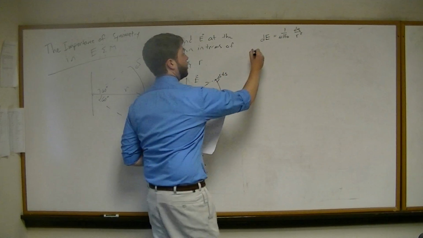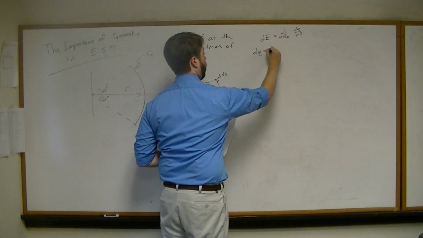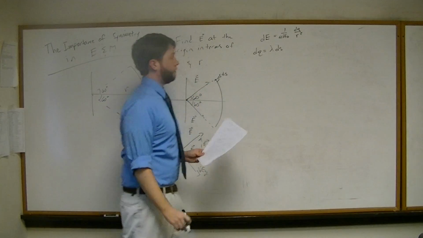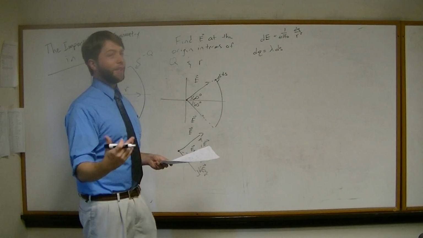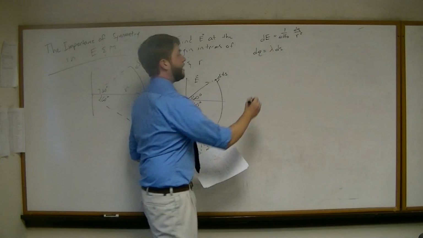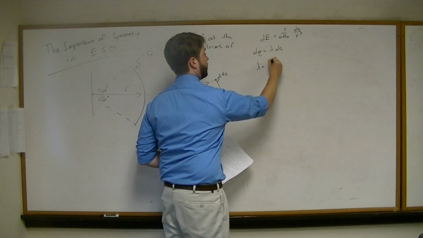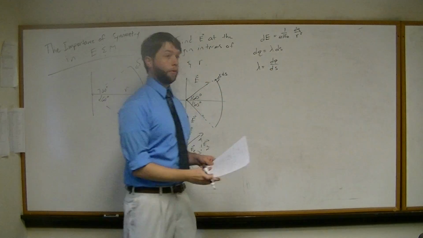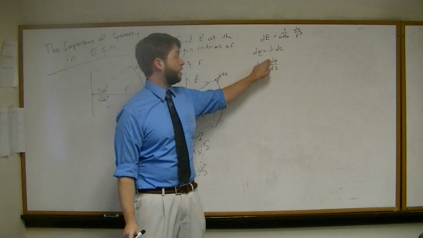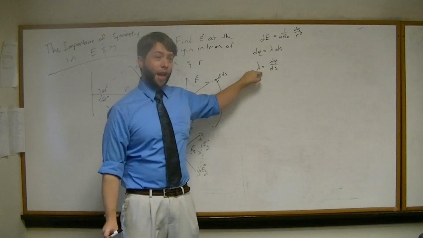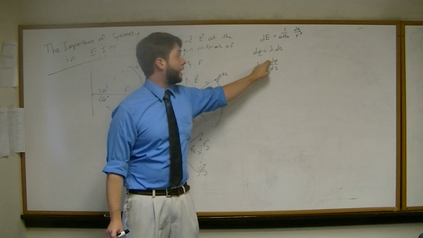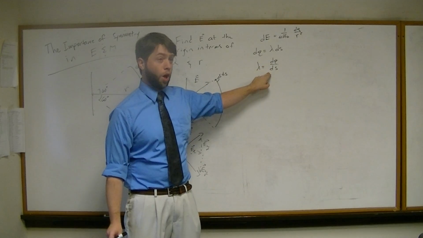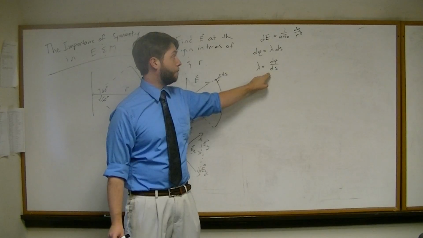And dq is going to be based on something called the linear charge density. Now think about what the linear charge density is telling us. That is telling us that some linear charge density is based on how much charge you have and your length of the rod. So if I knew my total charge and my total length, then I have something called a charge density. Here, the small amount of charge is going to come from a small amount of length for the rod.